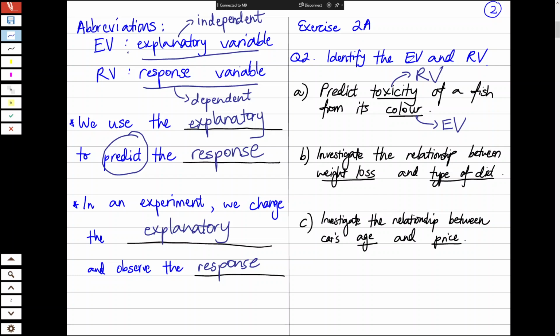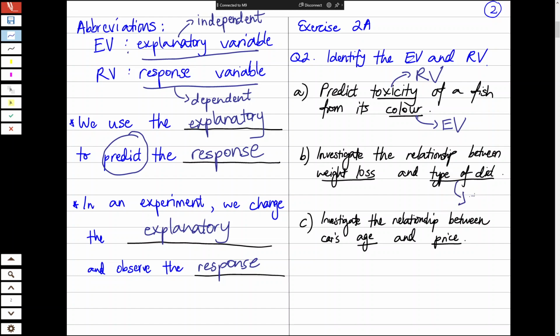Next one. The next one is trying to investigate whether different types of diets will impact the amount of weight I lose. So does it matter? Which one is going to be the explanatory variable here? Which one am I changing? The diet.